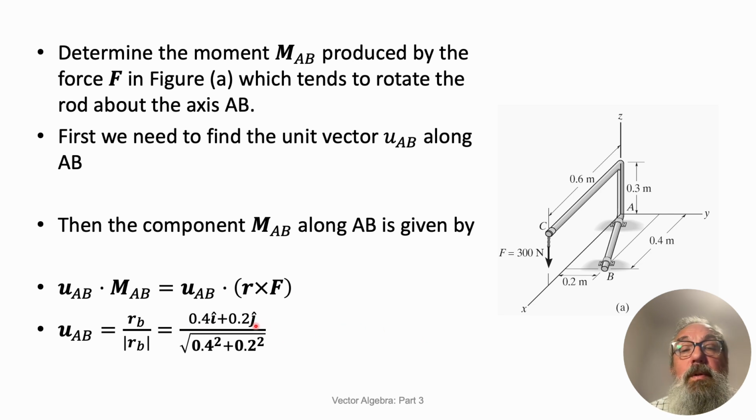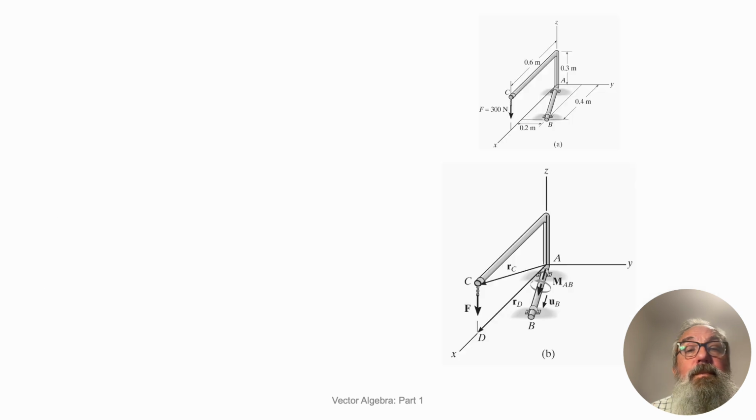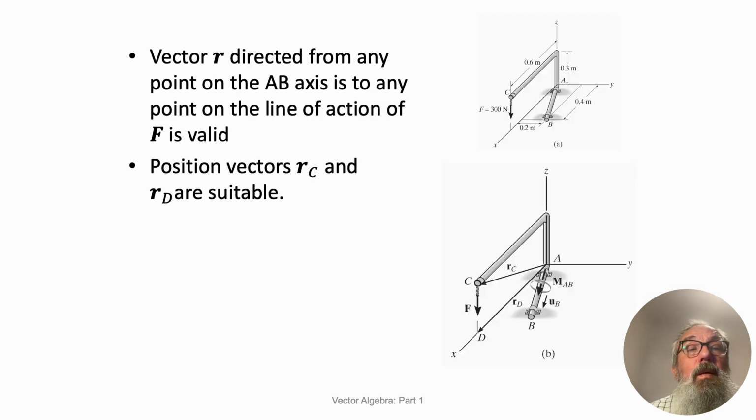So we can take the coordinates of B for R, and we'll work out the unit vector. UAB is that unit vector. Vector R is directed from any point on the AB axis to any point on the line of action of F. That is valid, but we use the vector.